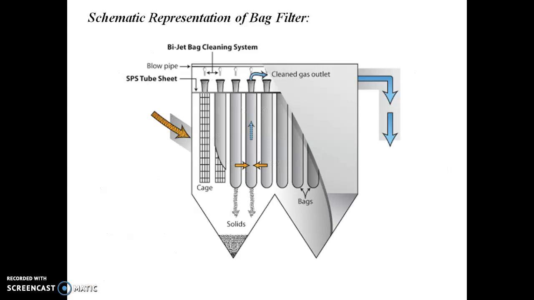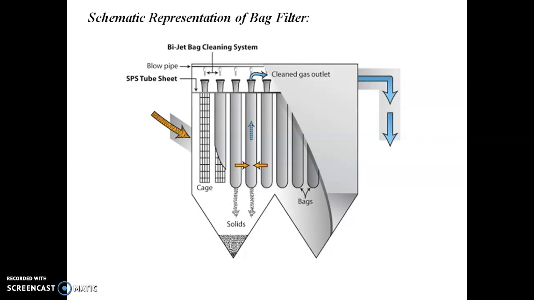This is a schematic representation of the bag filter or the bag house, constituting a number of bags arranged in the series where the dust bearing air is blowing inside the chamber, and the air will pass through the fabric, whereas the particulate matter or the dust is trapped over the surface of the fabric.